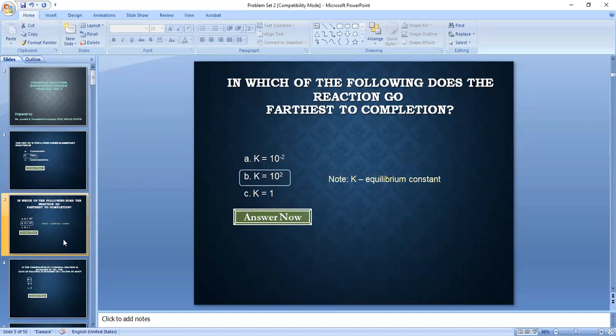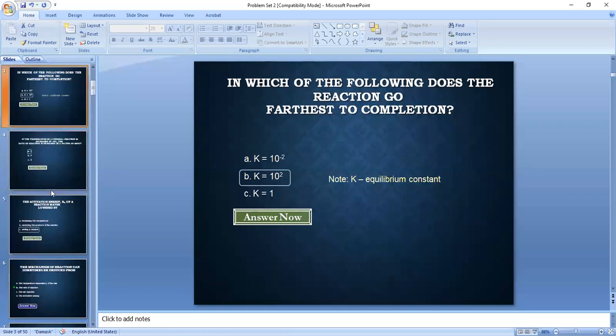Primarily, if you have a K which is very big, one particular direction in your reversible reaction is dominating the other. So the greater the value of this equilibrium constant, not the rate constant, the reaction will never attain XA equal to 1.0 or 100%.